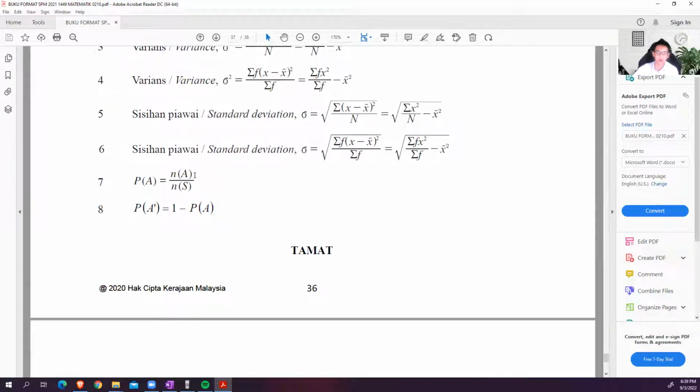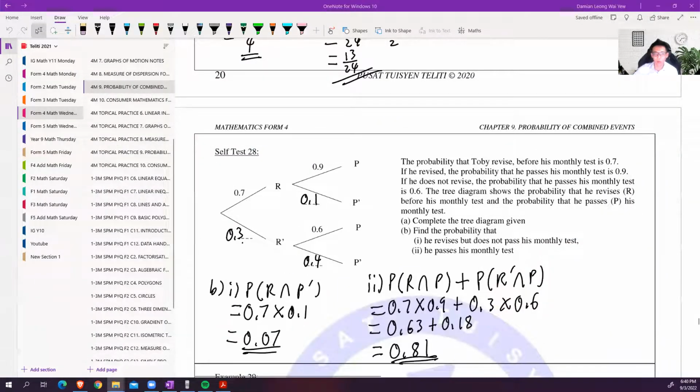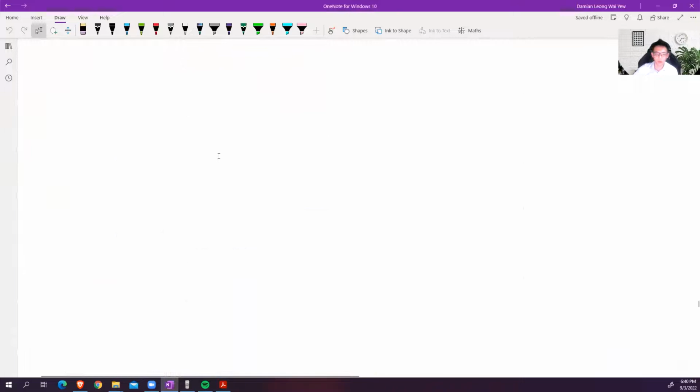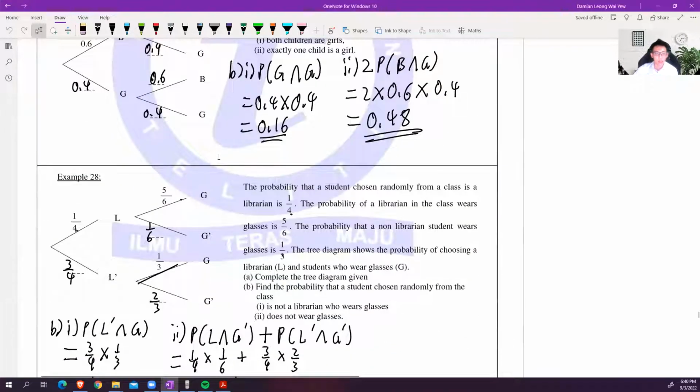Number of outcomes for event A over the number of outcomes in your sample space. And total probability must be 1. So basically it's just by using these two that we find all the different probabilities.